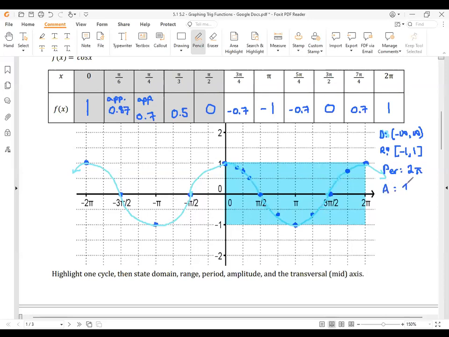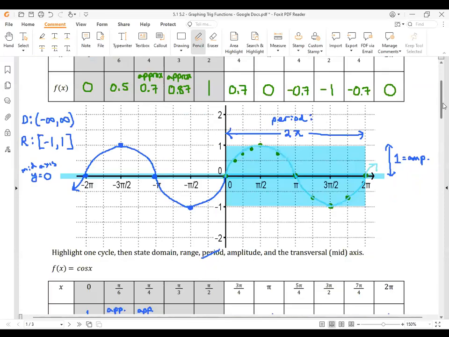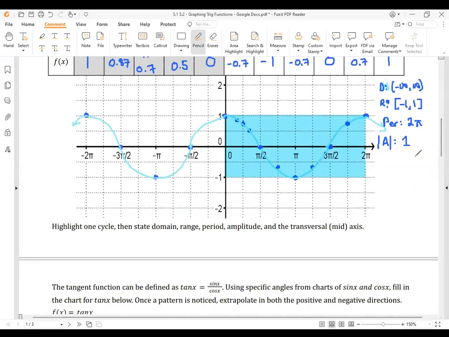Amplitude, it's still 1, an absolute value of 1, right? Or maybe I should do an absolute value because it could be plus or minus 1, right? Or maybe amplitude is that. And transversal is y equals 0. Okay.